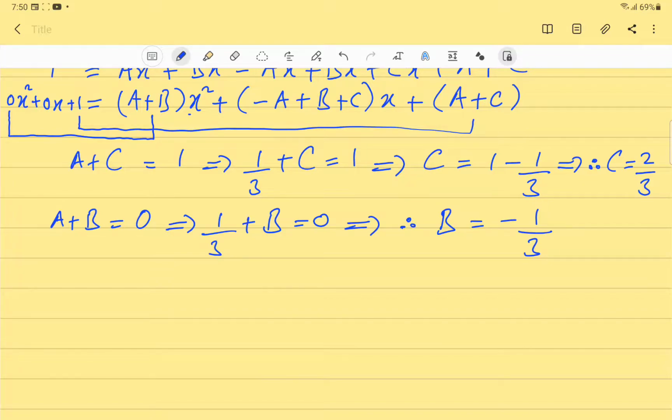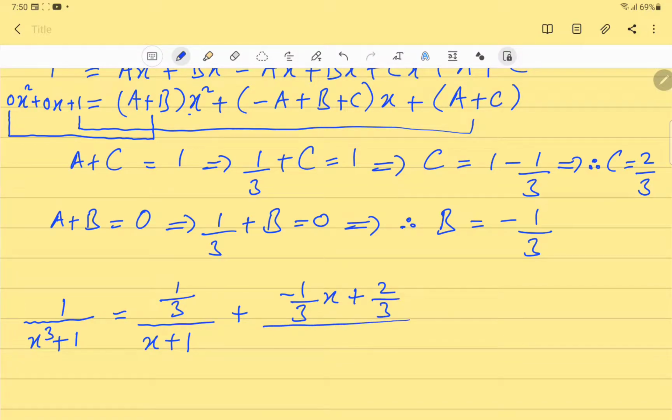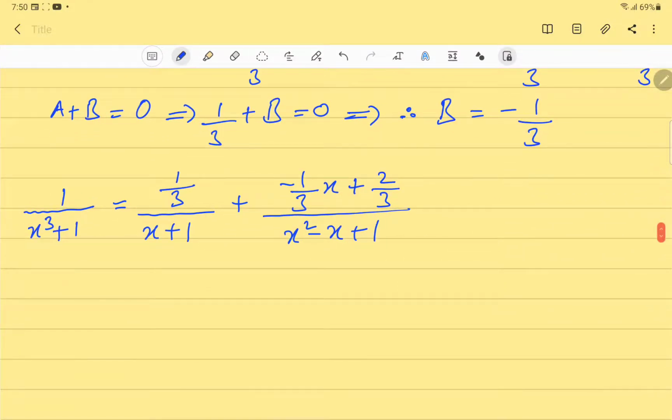So now we can write our partial fractions. Partial fraction of the given algebraic fraction, it is equal to 1 over x cube plus 1 is equal to 1 over 3 over x plus 1 plus minus 1 over 3 x plus 2 over 3 over x squared minus x plus 1. This is equal to 1 over 3 into x plus 1.